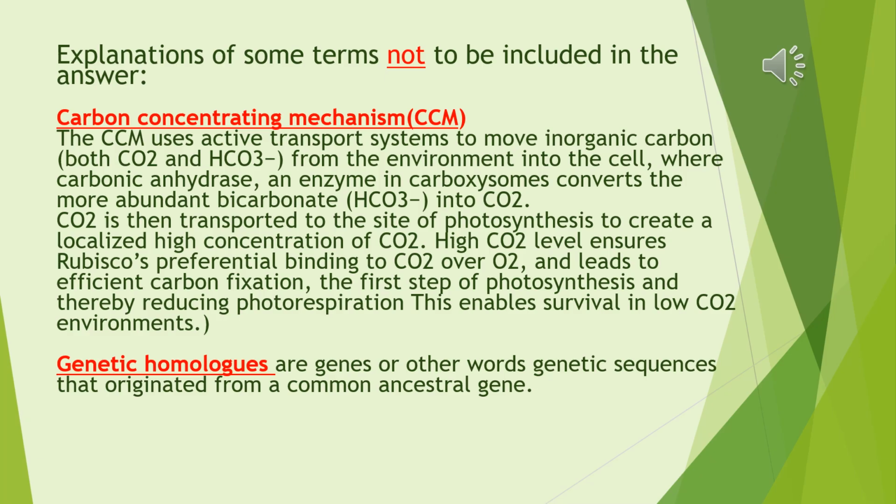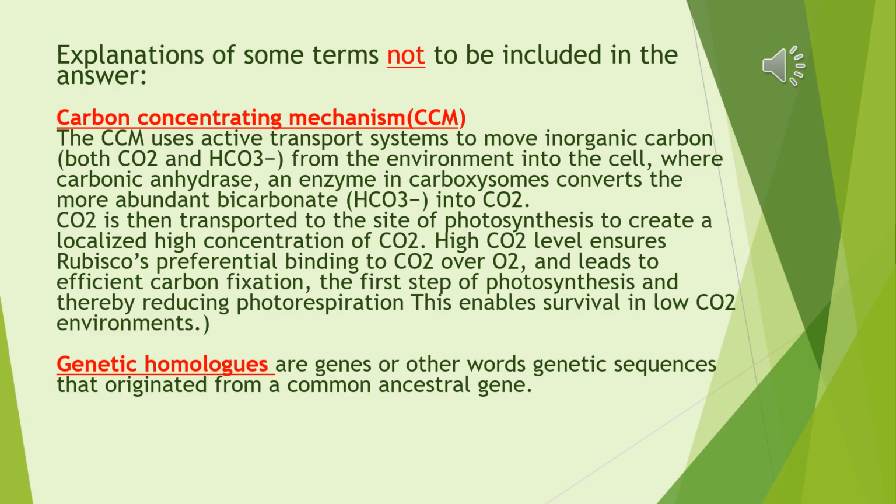So, ribulose 1,5-bisphosphate carboxylase oxygenase is the name of the enzyme. So, in high CO2 level, it ensures rubisco's preferential binding to CO2 over O2 and leads to efficient carbon fixation, the first step of photosynthesis, and thereby reducing photorespiration. So if the rubisco binds to CO2, what happens?